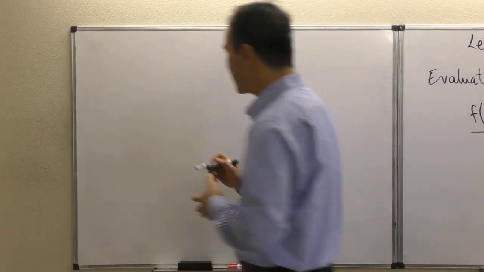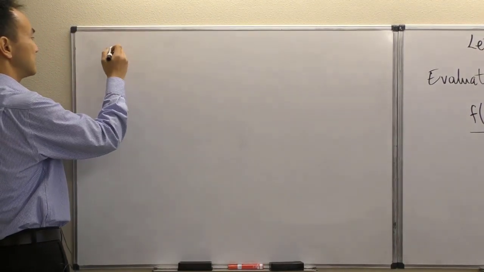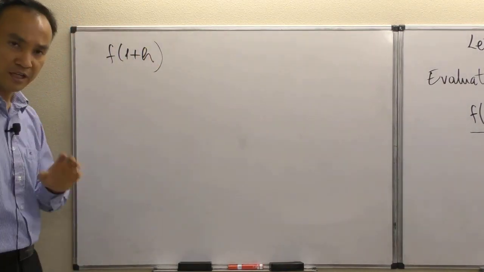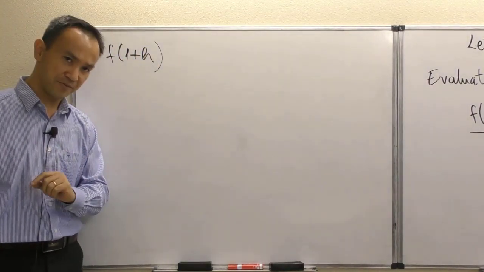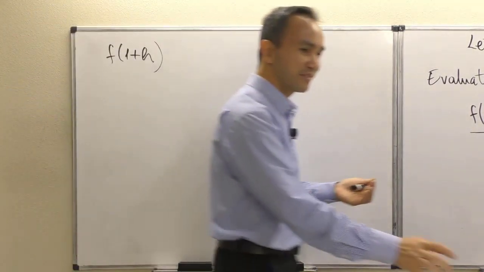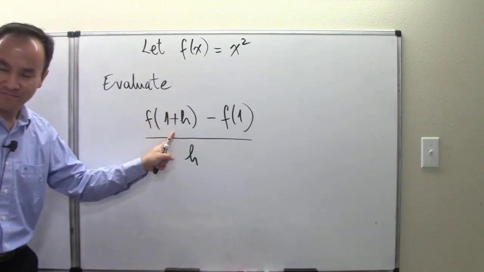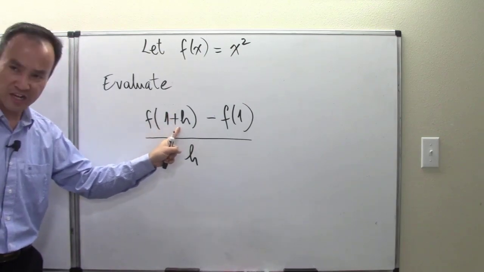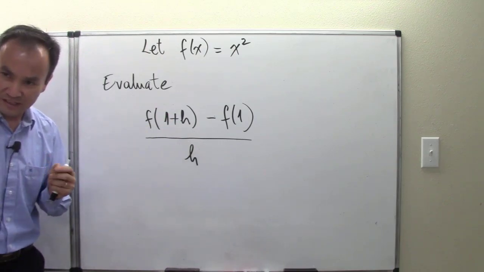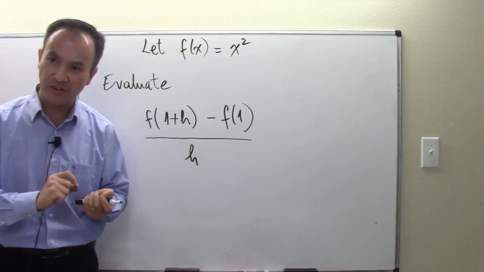From what I've seen in the expression, there was this f of 1 plus h involved in the numerator of that previously written expression, right here. So I wrote it down separately just to give a thorough investigation of what that is.